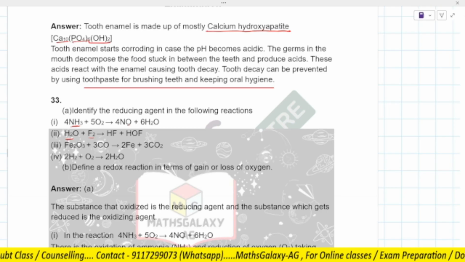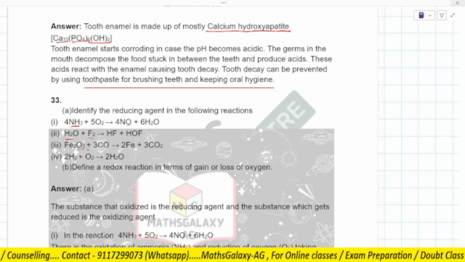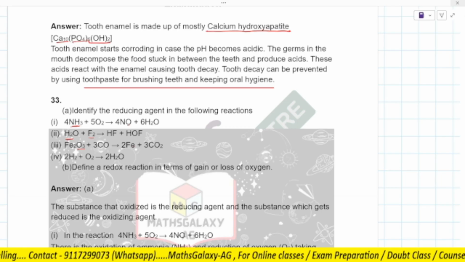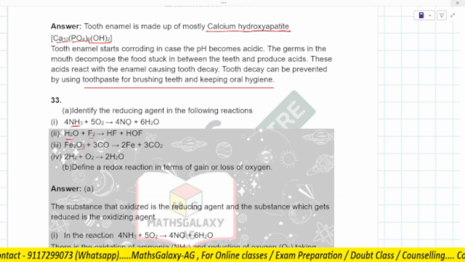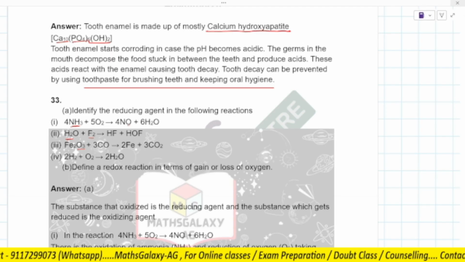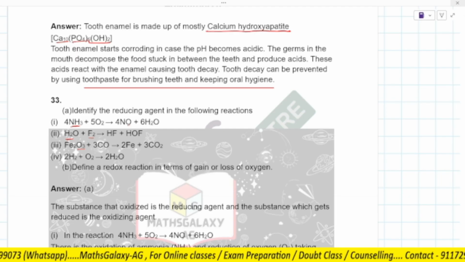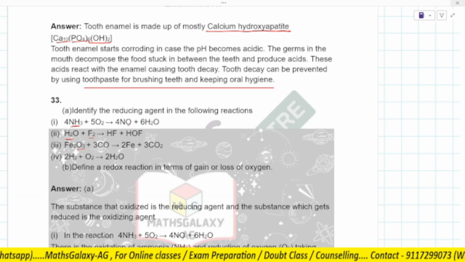As you can see here, the oxygen is detached from Fe. So CO is the reducing agent, and Fe2O3 is the oxidizing agent.